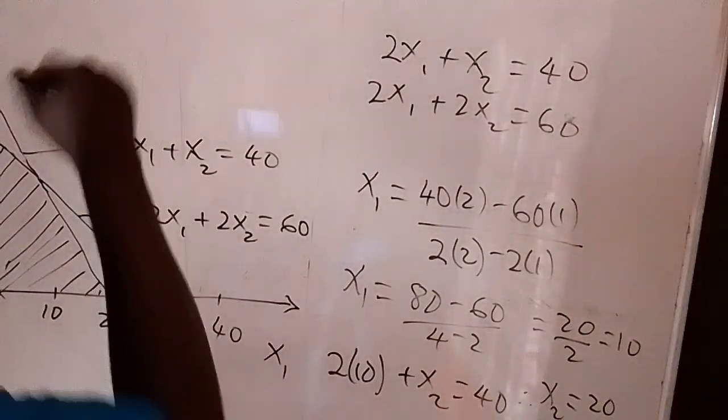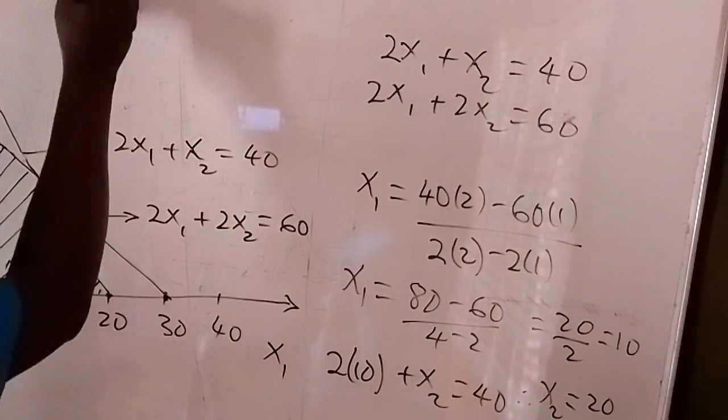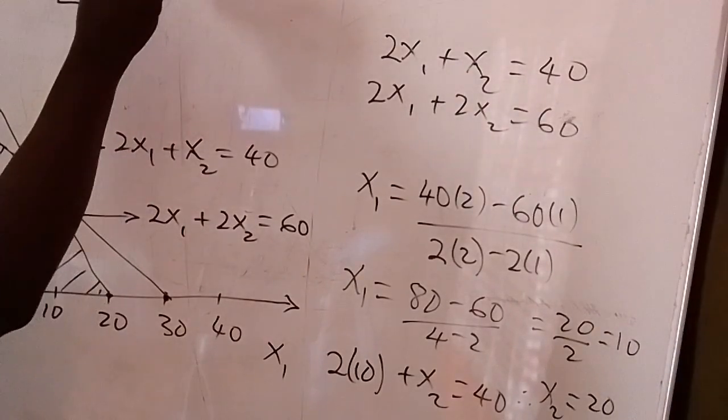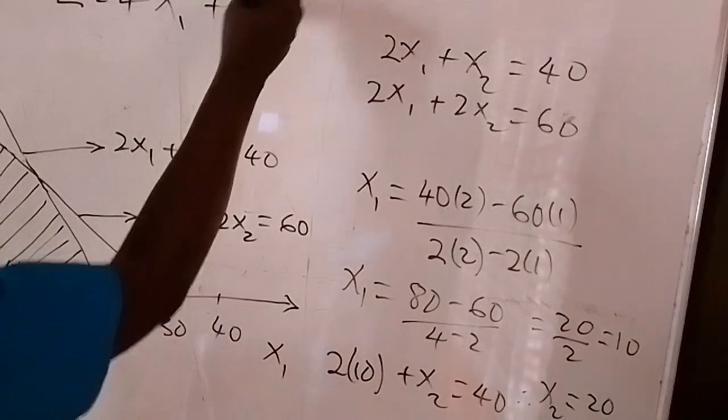Substitute this into the objective function. The objective function before was z is equal to 4x1 plus 3x2.